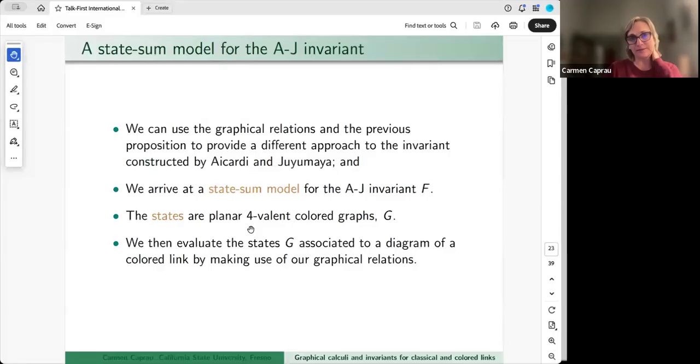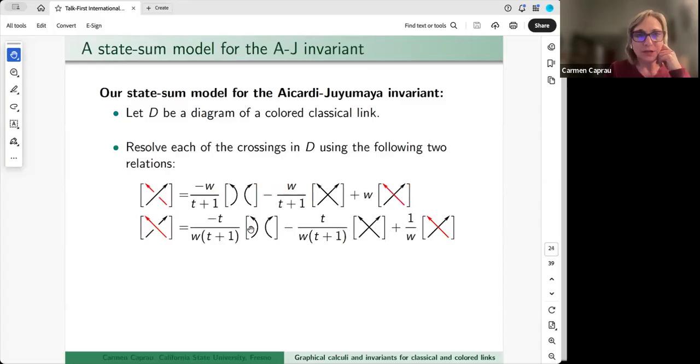The states in that case are planar 4-valent colored graphs, and then we evaluate those states according to the graphical relations that we had before. So here is using reverse engineering our approach to the invariant by Aicardi and Juyumaya using a state-sum model. And actually, you don't need to rely on singular links anymore.